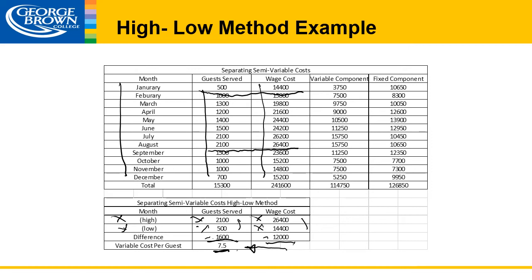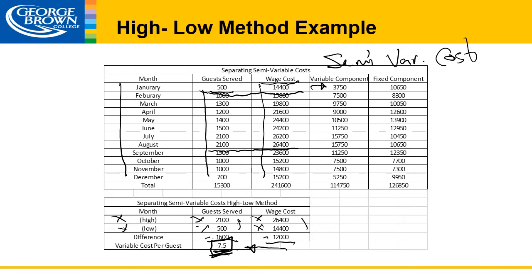If we want to separate the wage cost, or the total labor, into the fixed and variable component, because again this is a semi-variable cost, we multiply the guests served by the variable labor cost per guest, and we get the variable component.